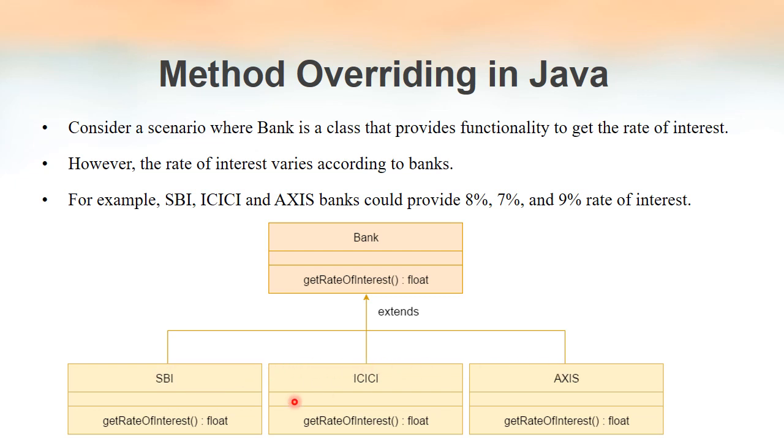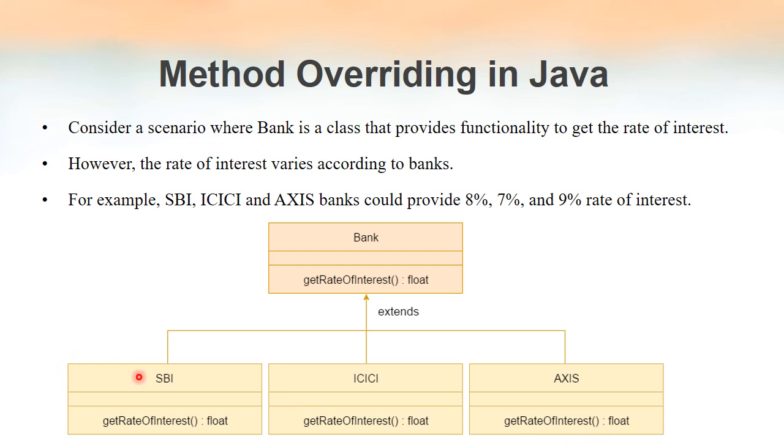As mentioned in this figure, SBI, ICICI and Axis are all banks, so all three classes are going to inherit the parent class Bank, because since all three are banks, they can copy many features from the parent class. By inheritance, the method inside the class Bank will be available for all three classes.